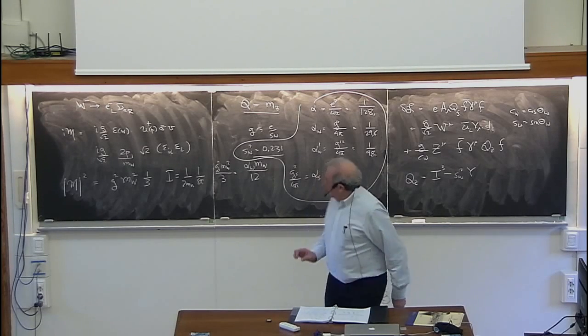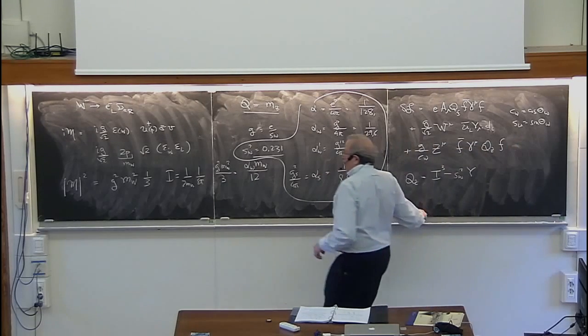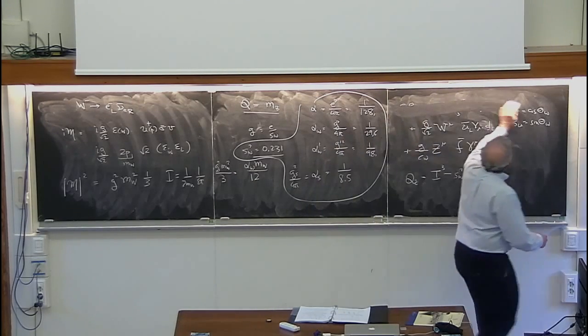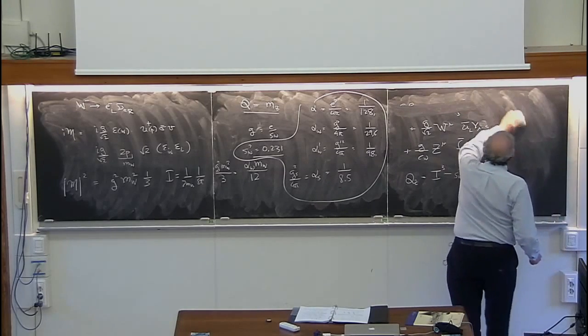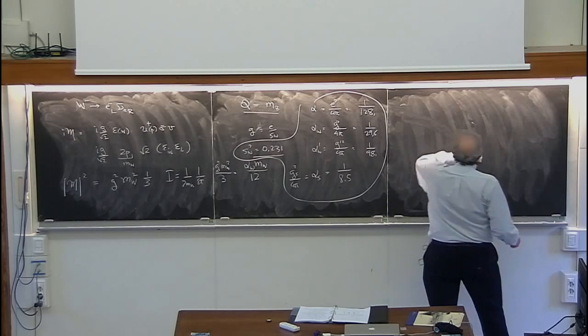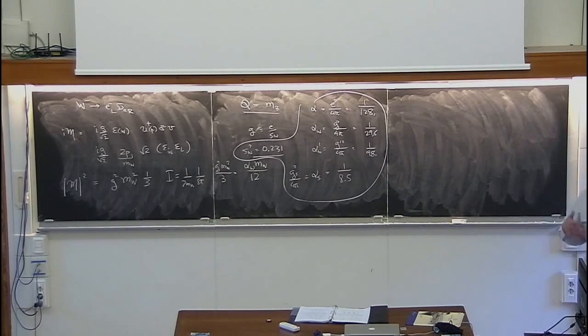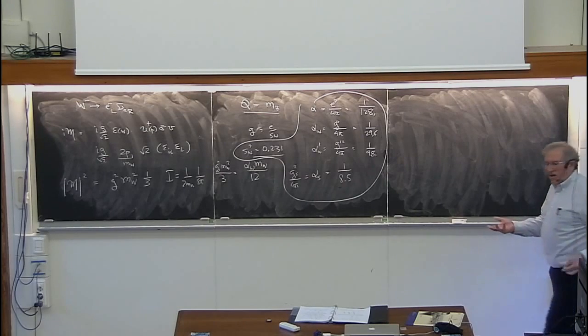Well, now we're pretty much all set to understand everything that we want to know about the W boson. We've already described the angular distribution of its decays. The only remaining things we need are the total width and the branching ratios.